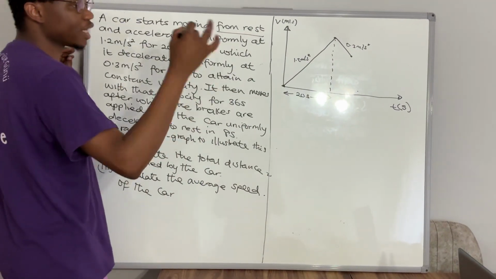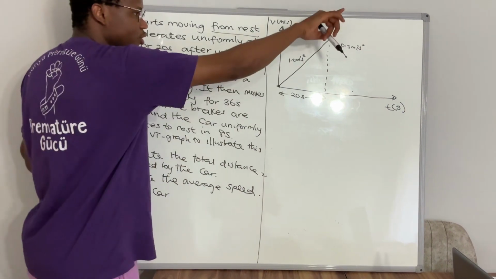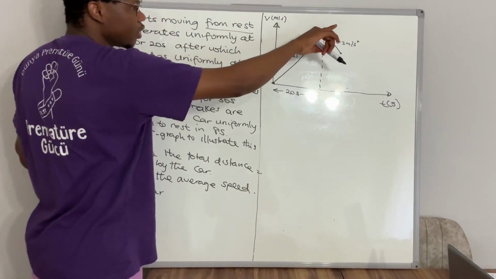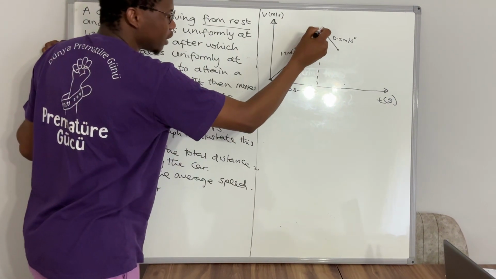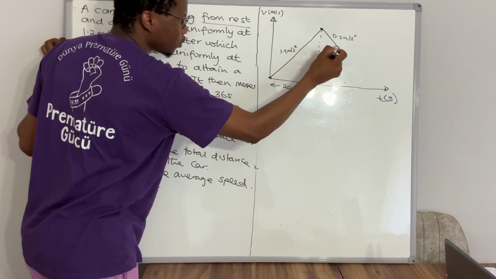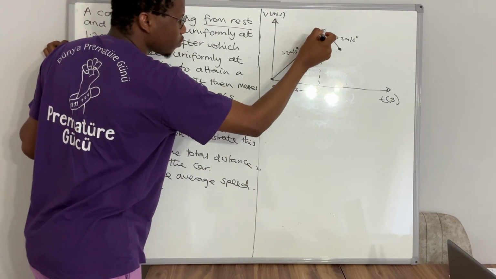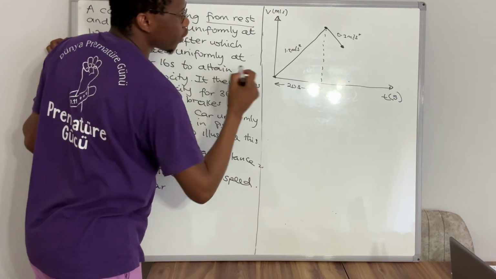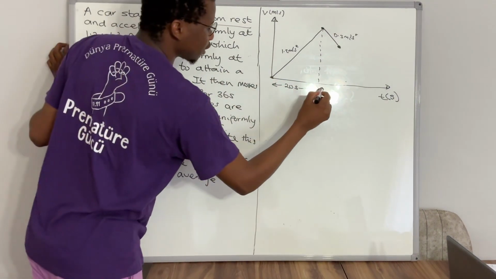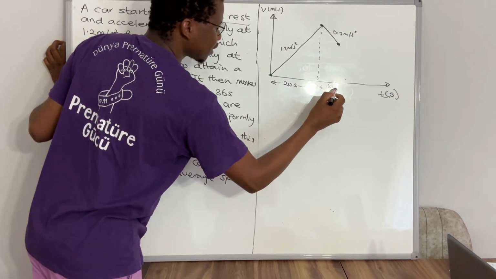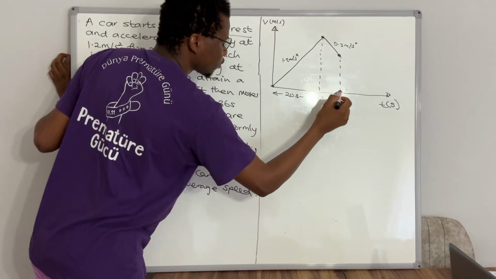A deceleration is a negative acceleration. Acceleration will increase the speed of an object, but deceleration will decrease it. So that is why from here we have to bring it down. This is the deceleration from this point to this point, okay? And what was the period for deceleration? 16 seconds, okay? It lasted 16 seconds.